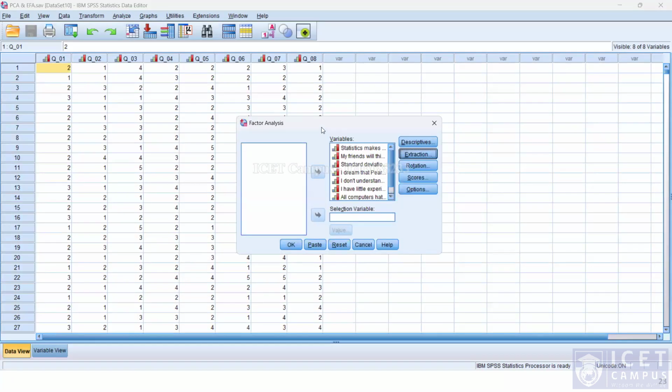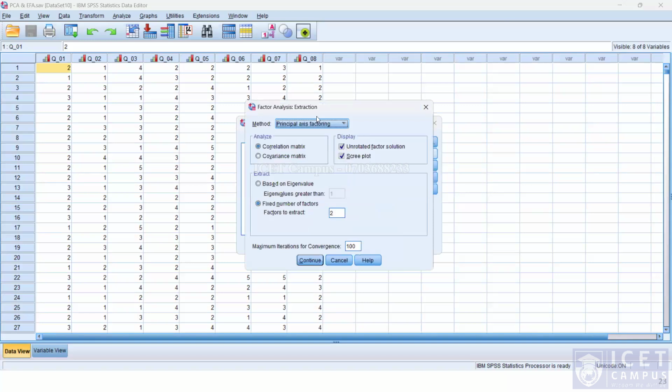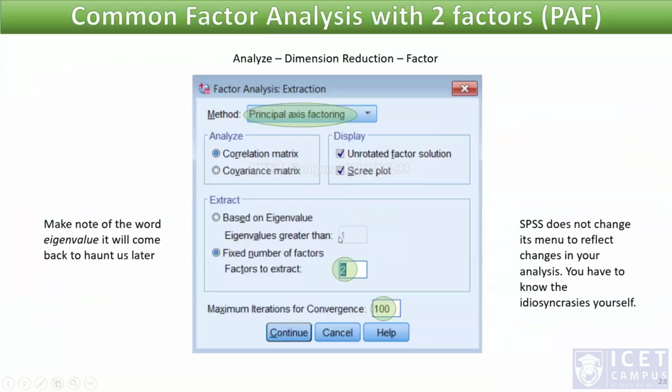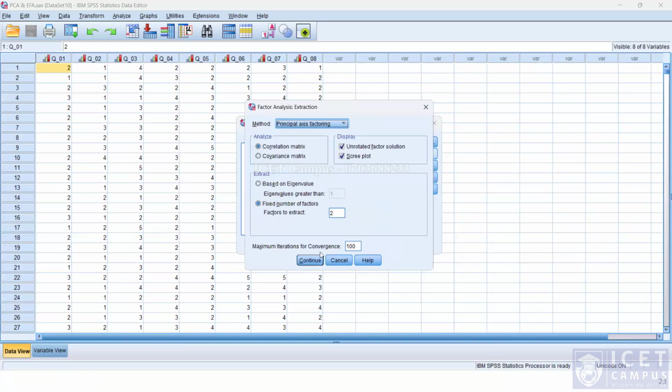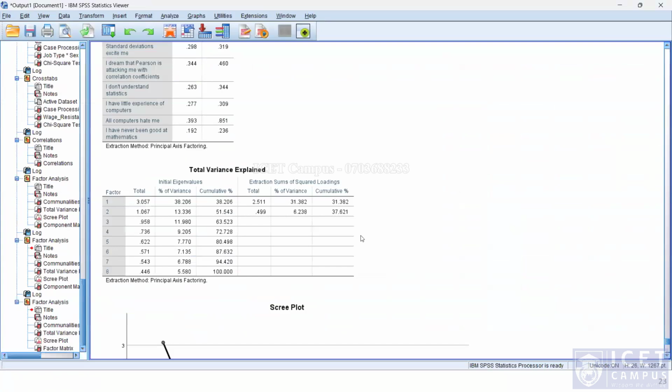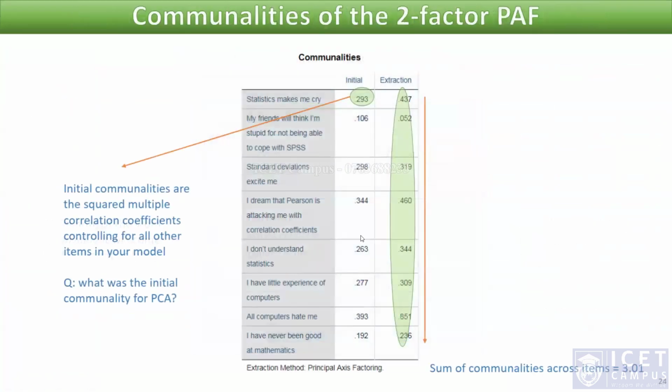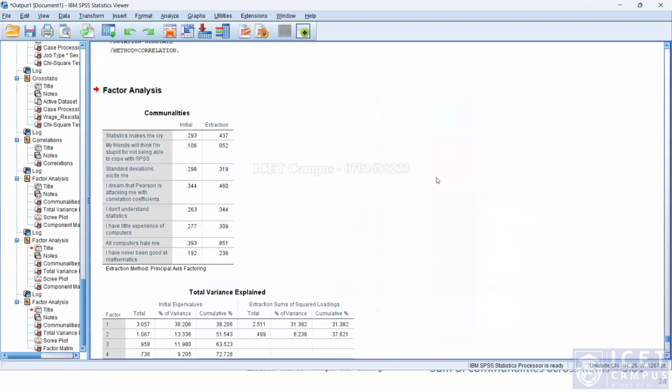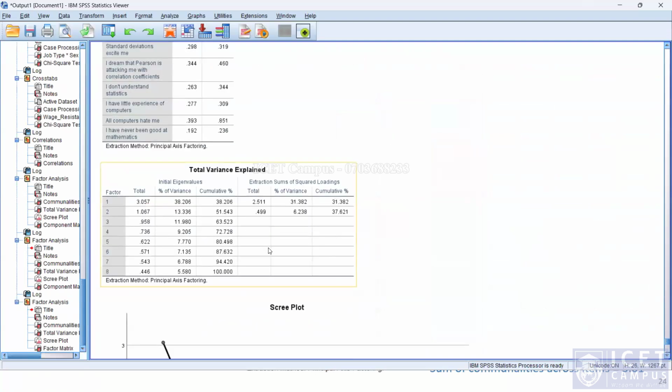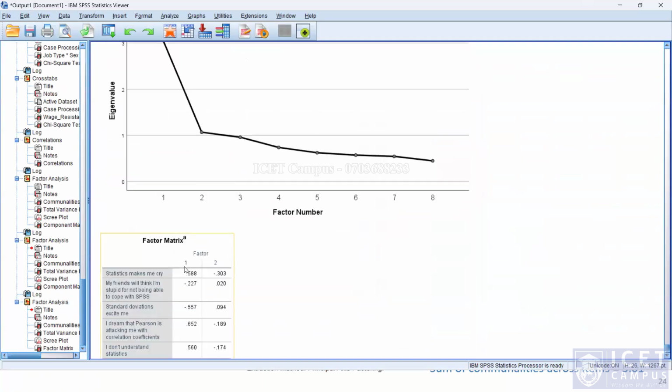We have to check principal axis factoring instead of principal component. Then Factors, OK, then OK. 0.847, yeah, it's okay. So then we can come to here.